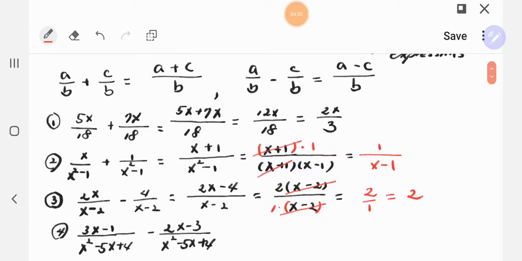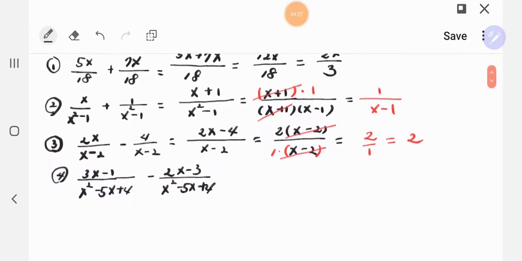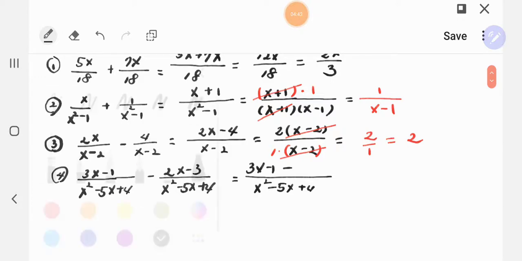And the fourth one, the denominators are the same. The denominator is x squared minus 5x plus 4, and the numerator is 3x minus 1 minus the whole numerator. This means minus the whole numerator, so you have to multiply the whole numerator by the negative sign.